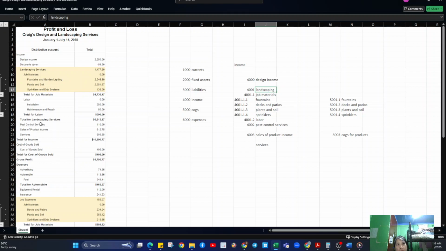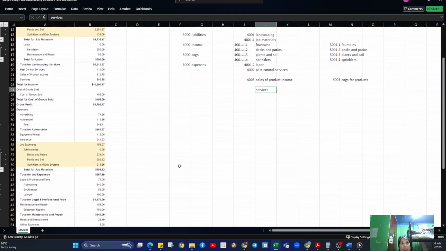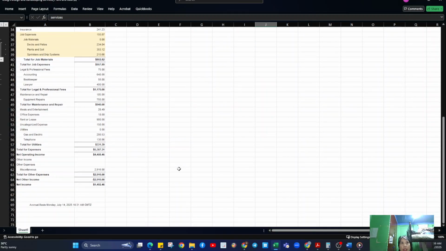I agree with the pest control services. But services per se, as just services, has to be reclassified to be more defined. The transaction will be more defined in the financials, so it will not be open for more questions, just in case somebody has to read it. So that's how I see these financials.